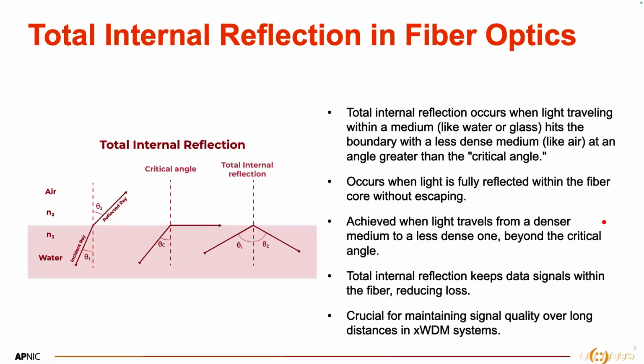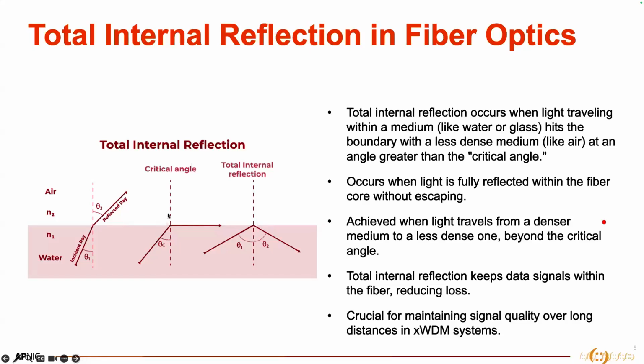So the critical angle is the angle between the light beam and the perpendicular line for which the refracted line goes at a 90-degree angle with the perpendicular line. As you can see in this diagram, the refracted ray is at 90 degrees with this perpendicular line, right?